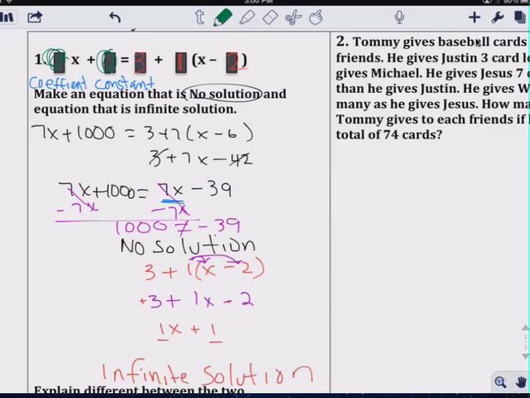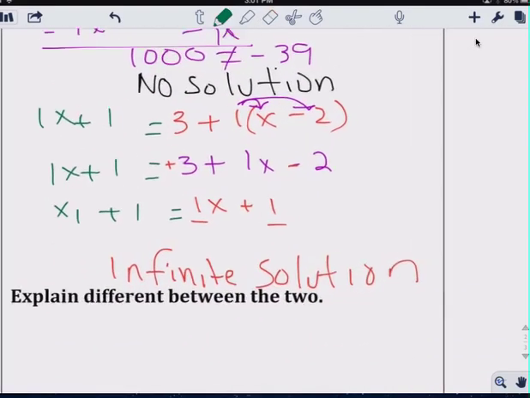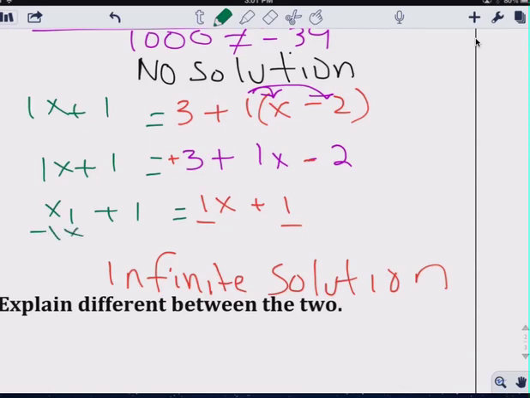So we need to make sure that has to equal 1x plus 1 all the way down. And we can prove that it's infinitely many by subtracting 1x, subtract 1x. That's 0, 0, 1 is equal to 1. Right?